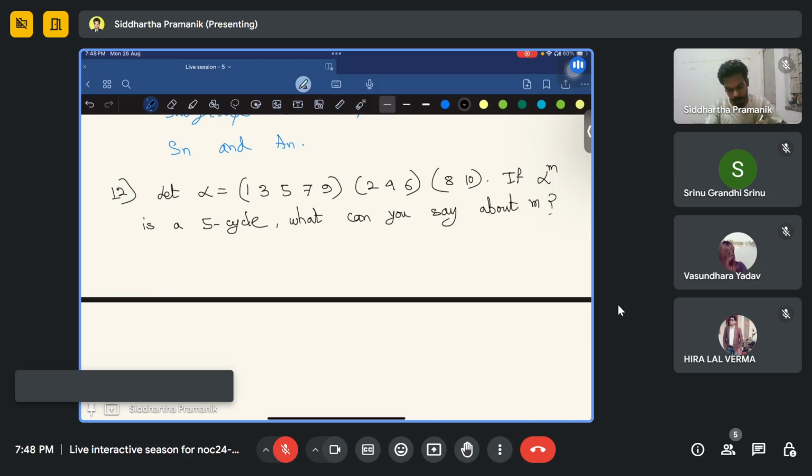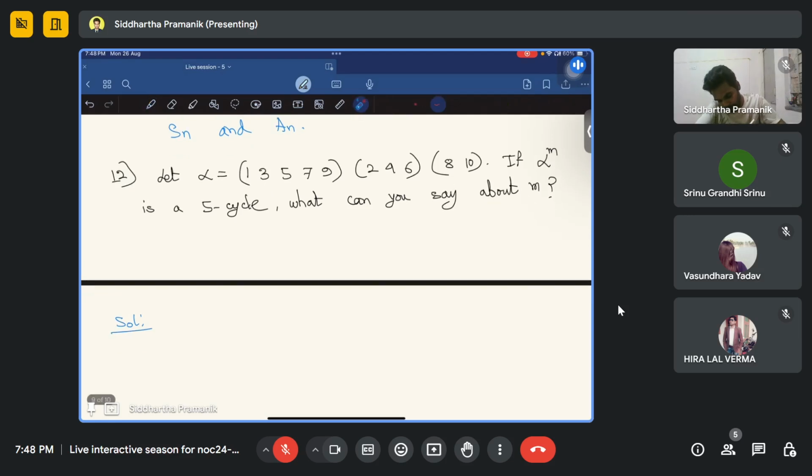So just try it. Given alpha is a permutation, and it is given that alpha power m is a 5 cycle. So what can you say about m?